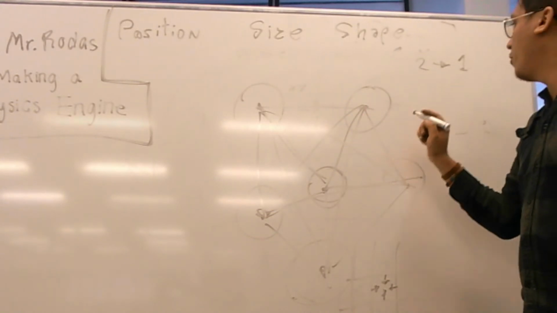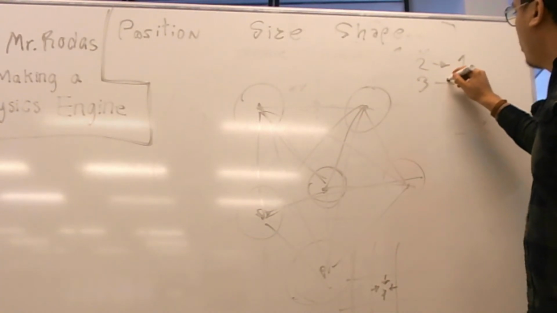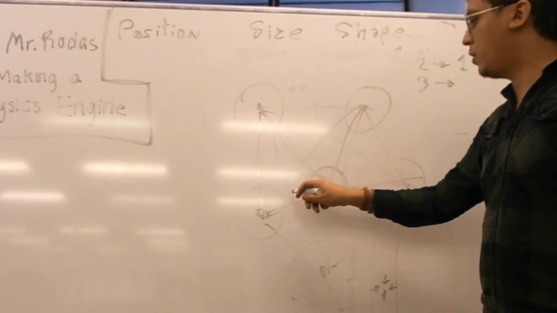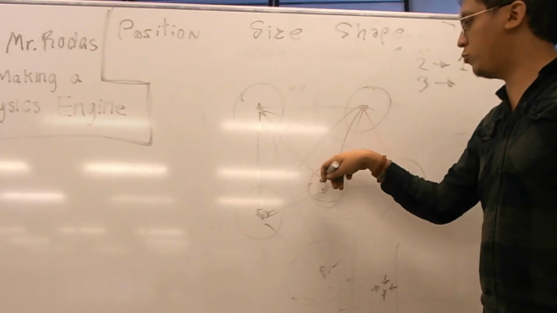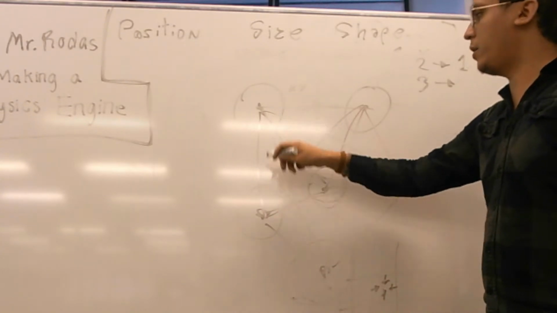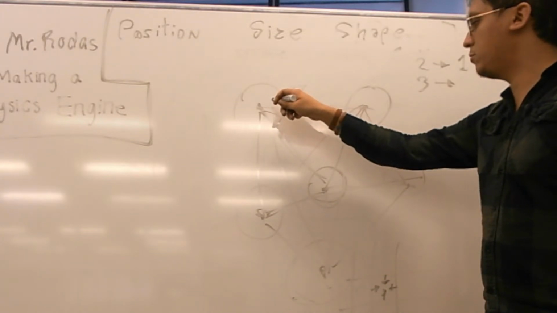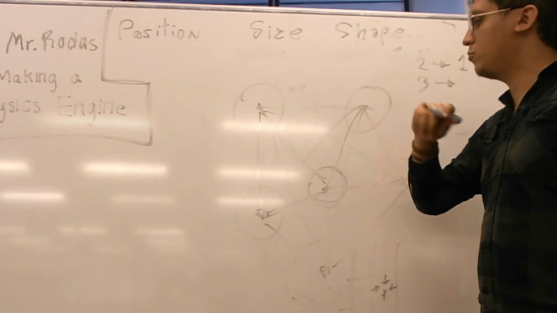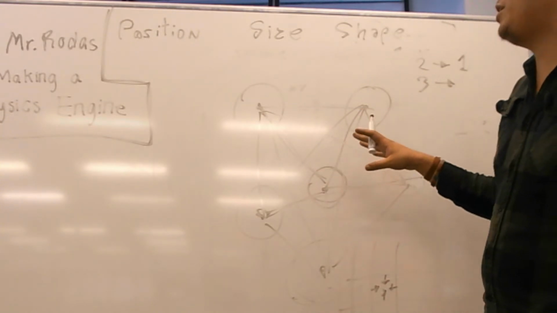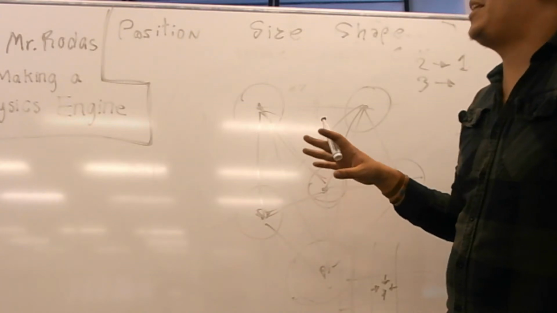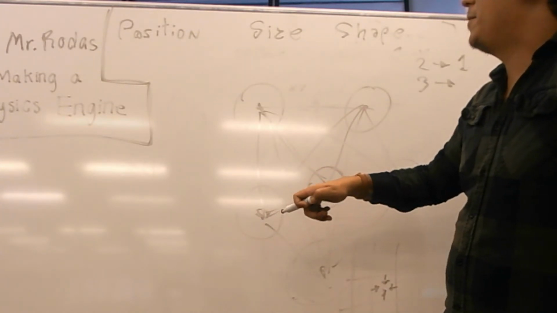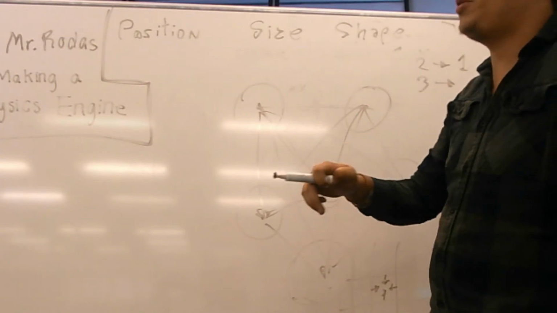For three items, we have to do one, two. Truly, it depends on how you make your algorithm, that's kind of the solution to it, but whatever.